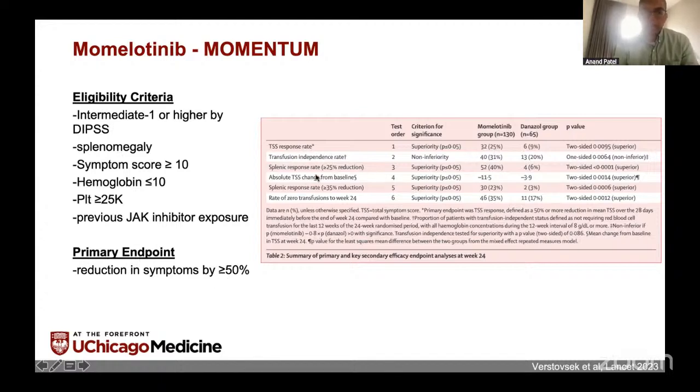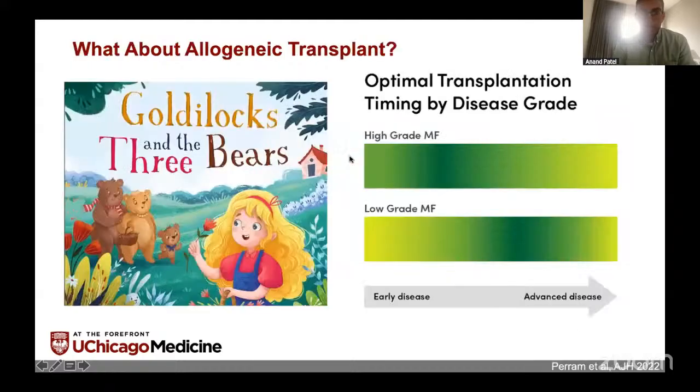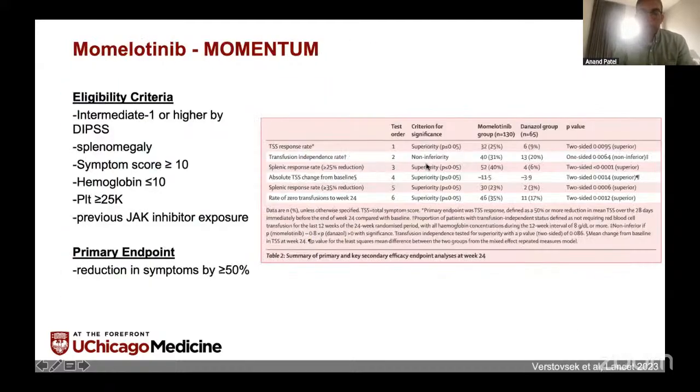So 25% of patients had a reduction in their symptom score by 50% or more, and only 9% of patients in the danazol group. And then there are several other components that they looked at, like the rates of transfusions were lower in the momelotinib patients. Oh, sorry. The spleen response rate was better, symptom score, and the rate of not needing transfusions for several weeks.